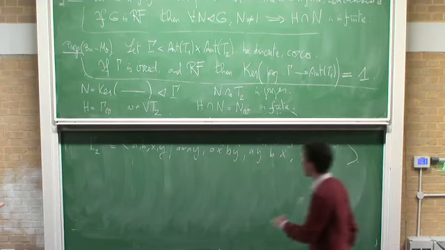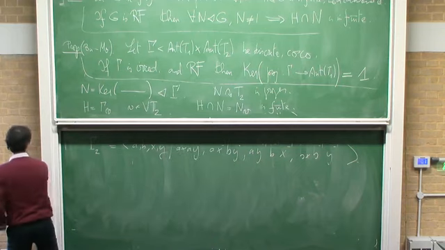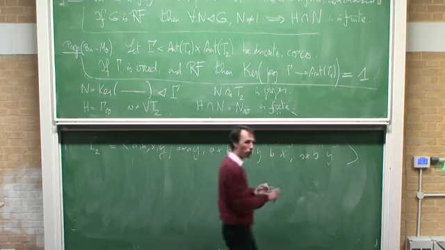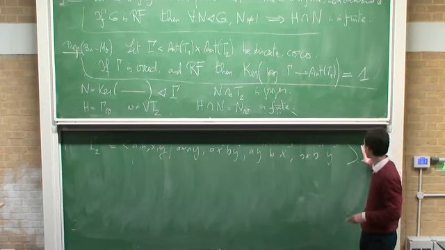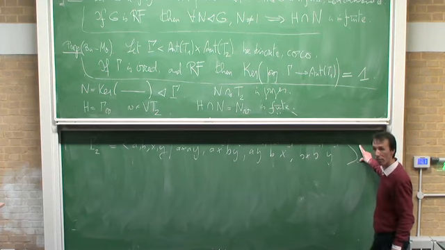Okay, so this was an example of a BMW group, acting on the product of two 4-regular trees. And I promised you to show that this is not residually finite.